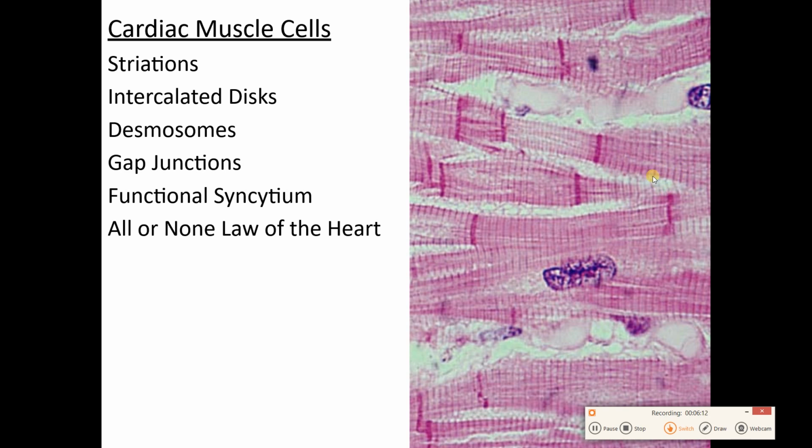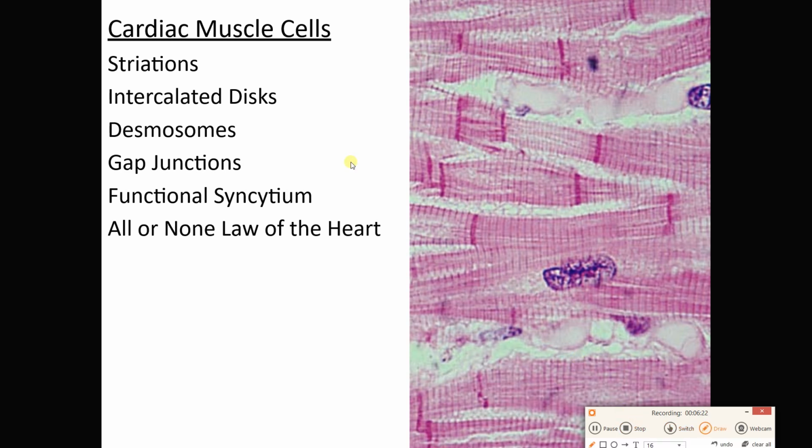So these lines here, dark reddish and lightish pinkish, are striations. Recall that striations occur because of the overlap of actin and myosin. So right in here, all these lines are striations.